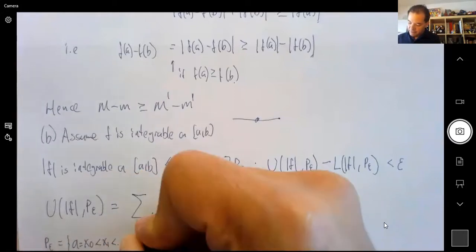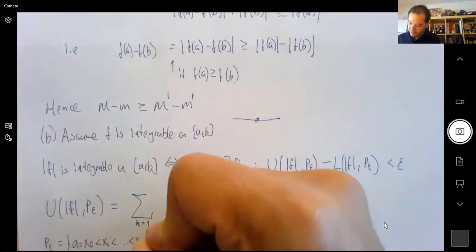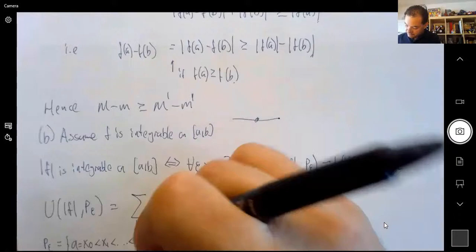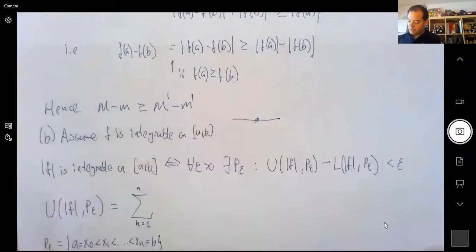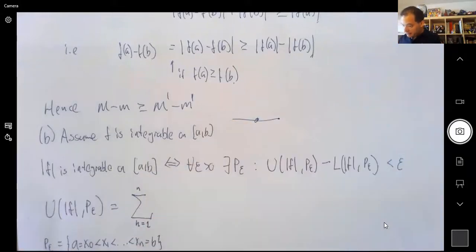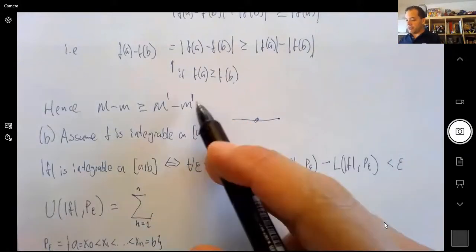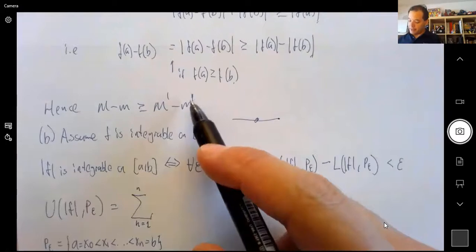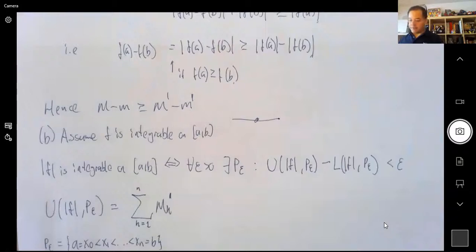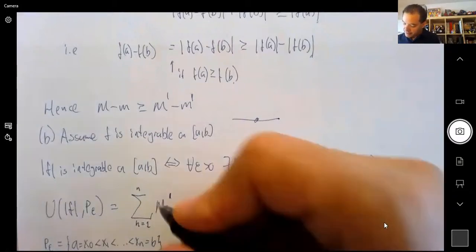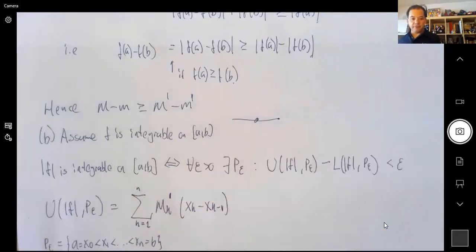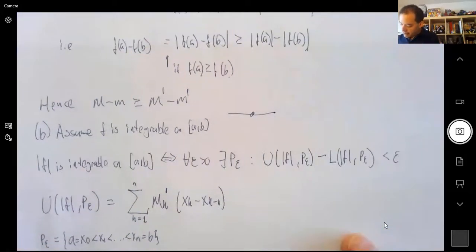So this will be the sum from 1 to n of mk, but it's not really mk. According to our previous definition, it's the one with absolute value, so it's mk prime, the primes being the ones with absolute value, times xk minus xk minus 1. And similarly for the L.